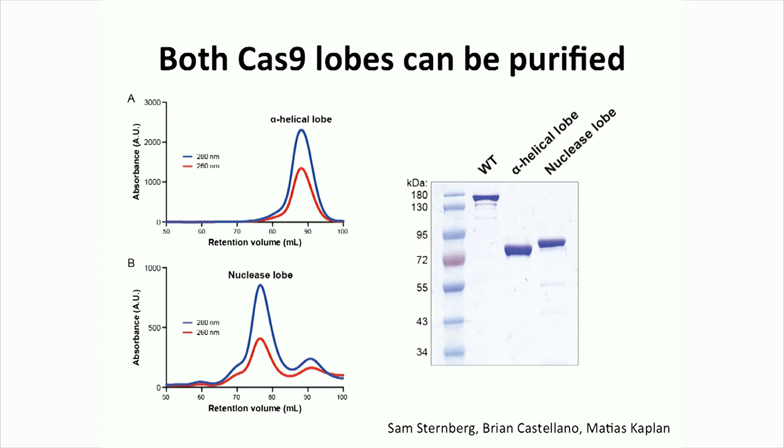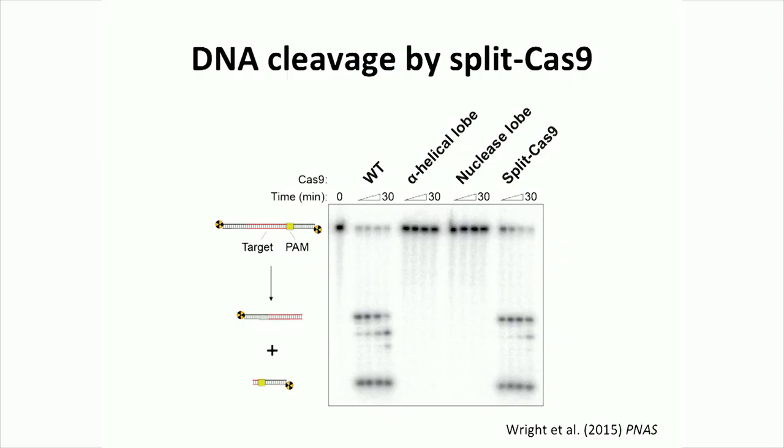And then, of course, the question is, are they functional? Do they work? And so this was an experiment done initially by another student, Addison Wright. What Addison did was to test the function of these individual polypeptides that can form either half of the Cas9 protein or the two together.